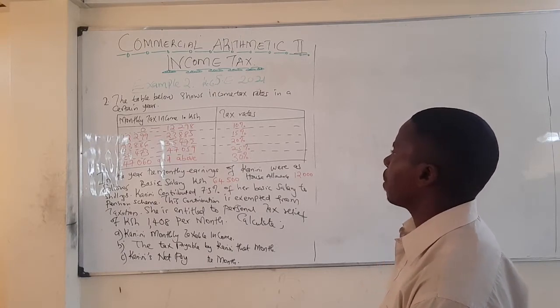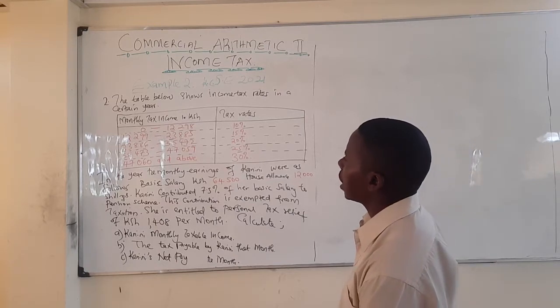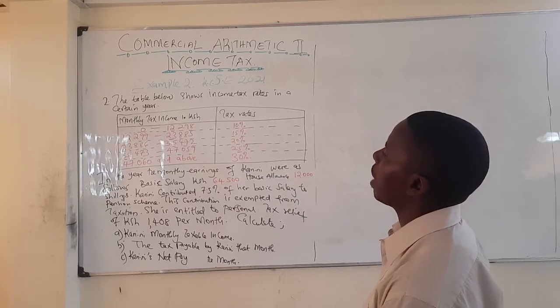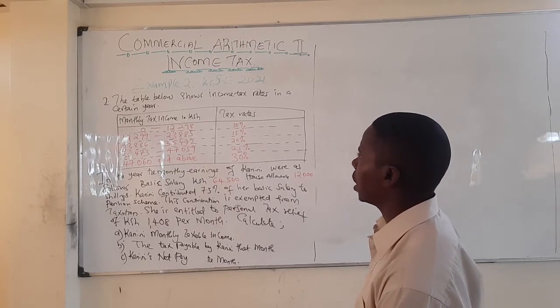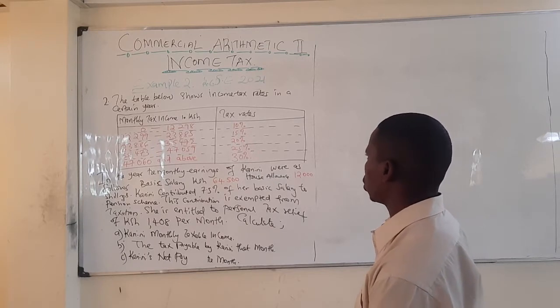So we start. The first thing is to understand the table. The table is per month, monthly taxable income, Kenya shillings. Then the rates are in percentage.